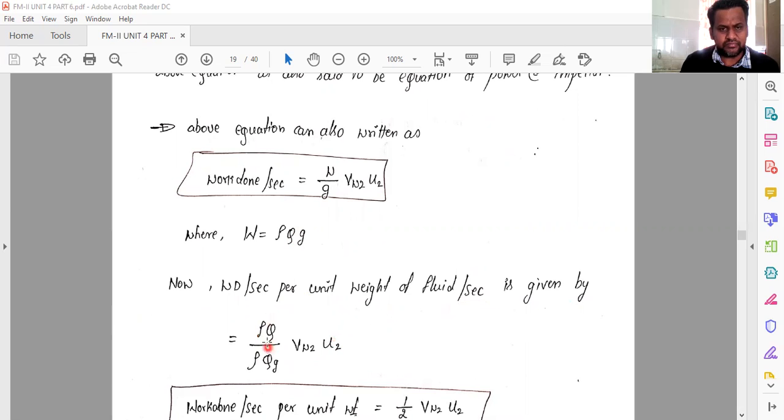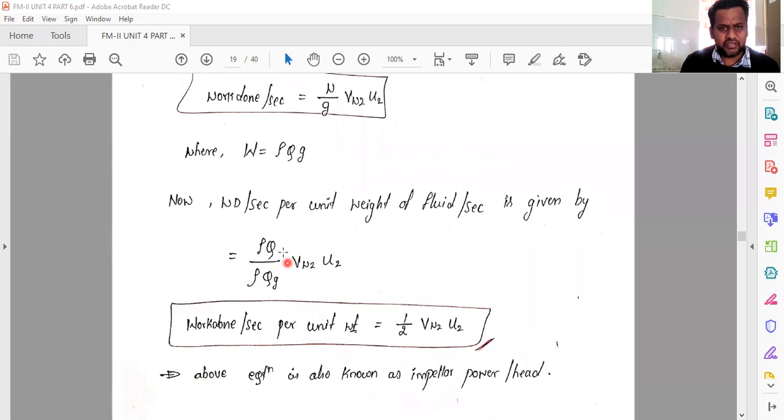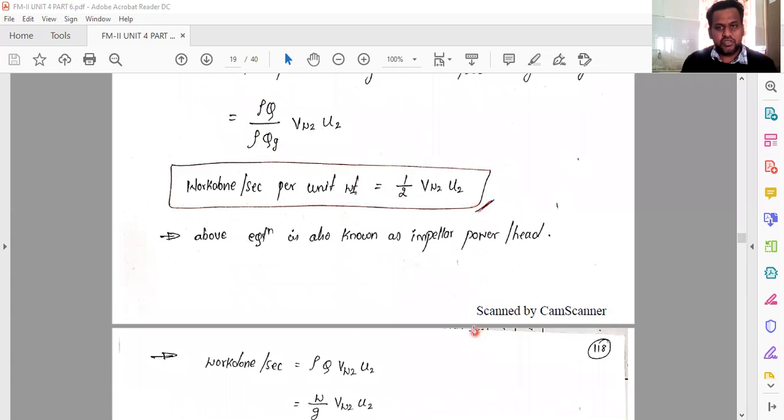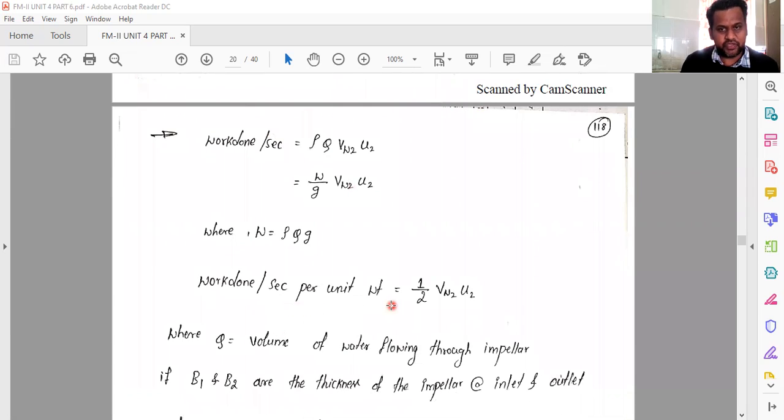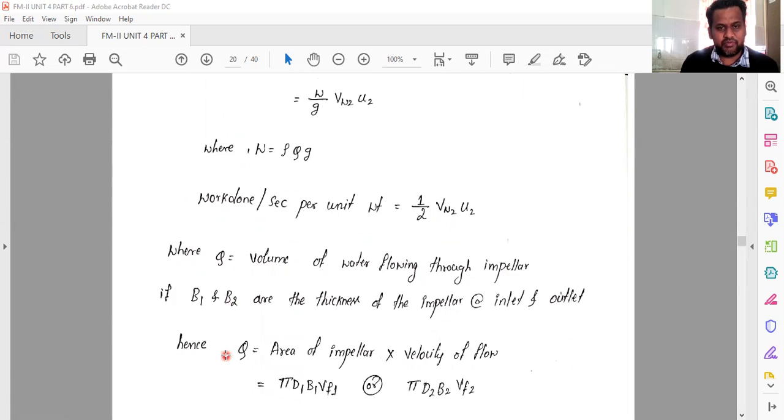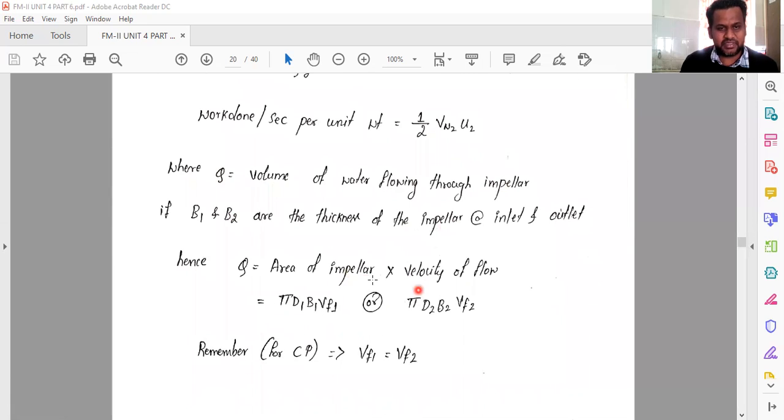Rho Q cancels, leaving only 1 by g. Work done per second per unit weight is equal to 1 by g into VW2 into U2. Here Q is the volume of water flowing through the impeller, and B1 and B2 remain the same.